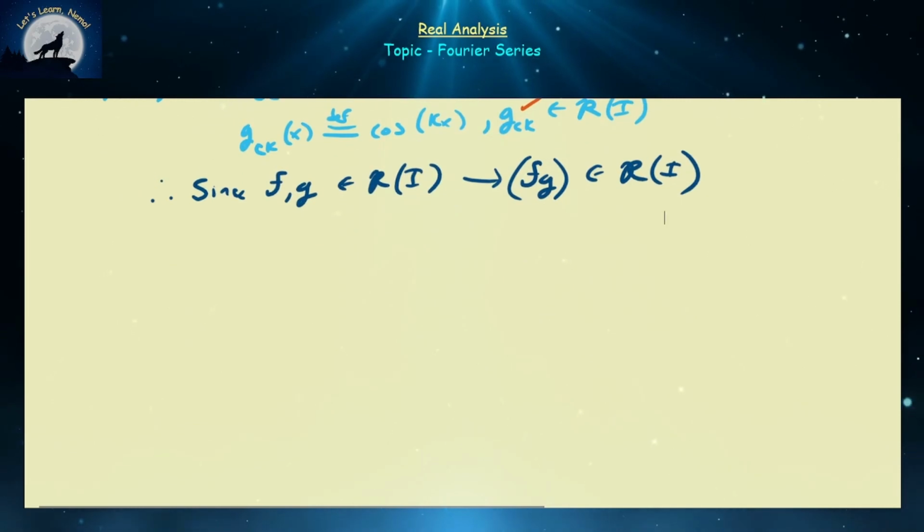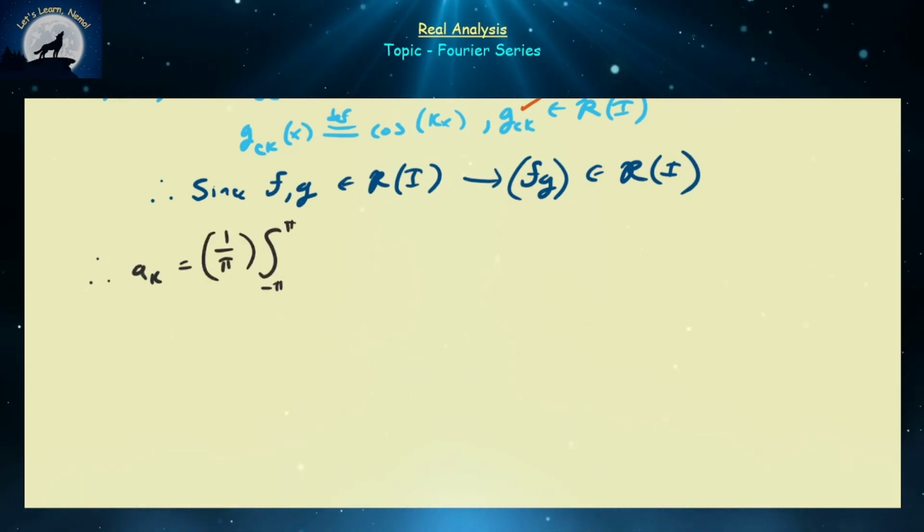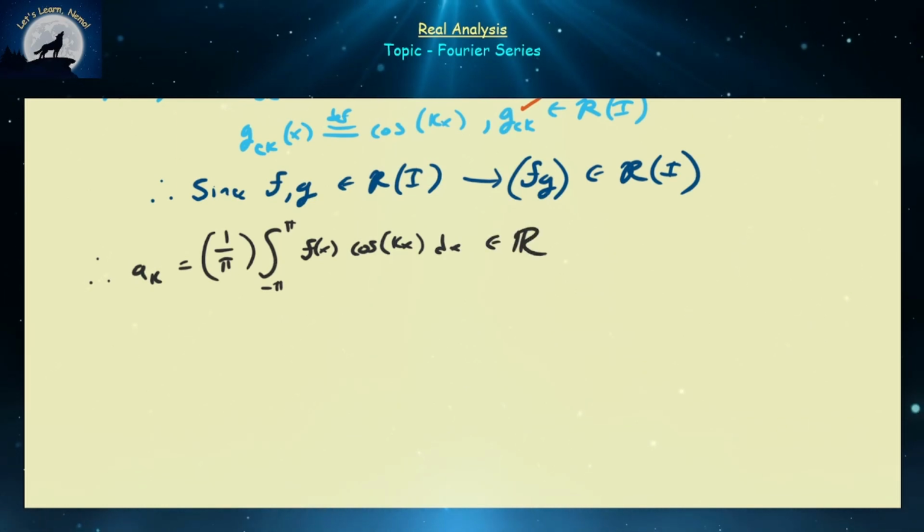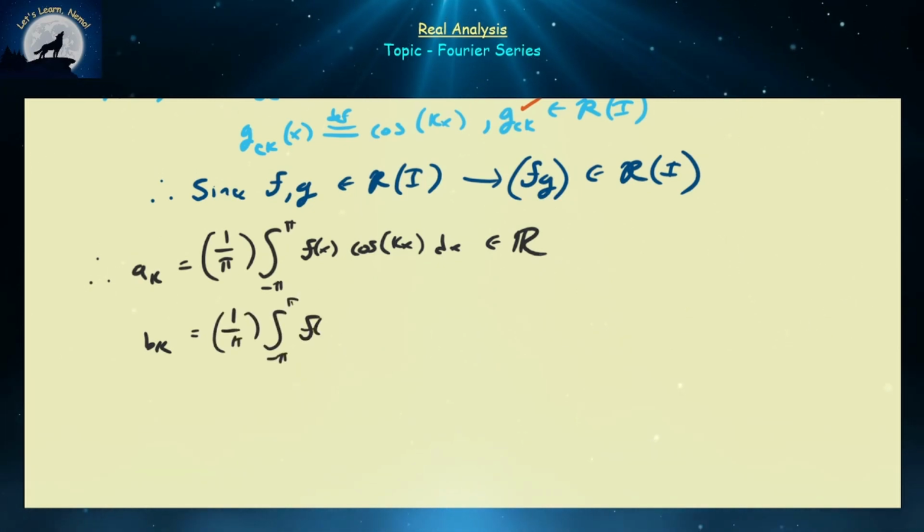So since we have that, that means a_k, which keep in mind is equal to 1 divided by pi times the integral from minus pi to pi of f of x times the cosine of kx dx, belongs to the set of reals, and also b_k, which is equal to 1 over pi times the integral from minus pi to pi of f of x times the sine of kx dx, also belongs to the set of real numbers as well.